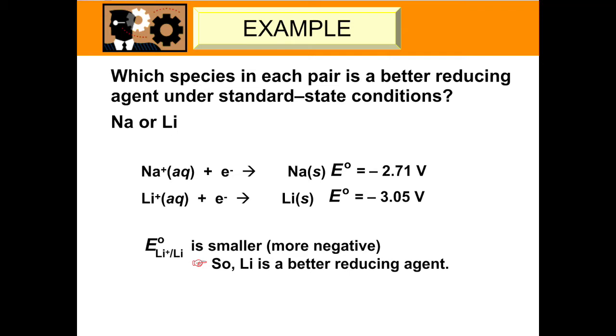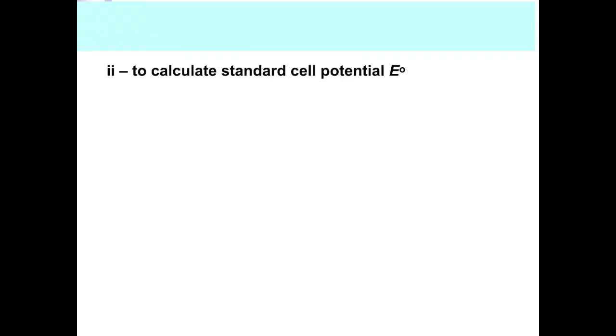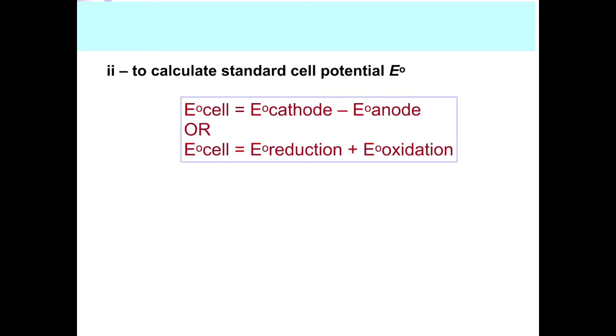Remember, if you write Li+, your answer is wrong because, as we have learned before, reducing agents refer to the product, which is Li.